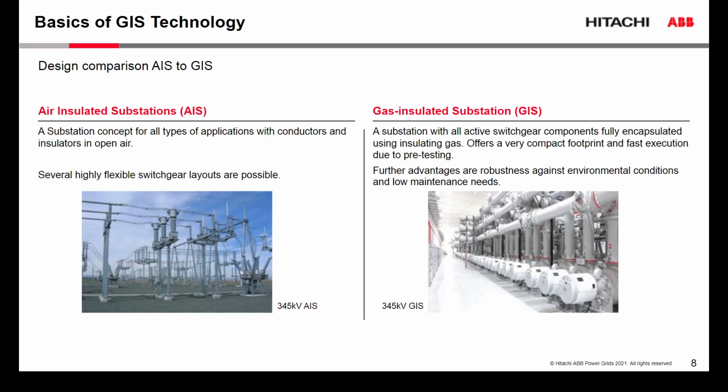So just as an example, on the right side is the same voltage level, but in a gas-insulated substation. And what is done here? Insulating gas is compressed around the conductor. The conductor is held in place by insulators inside aluminum tubes with compressed either SF6 or, in today's world, our alternative gas.